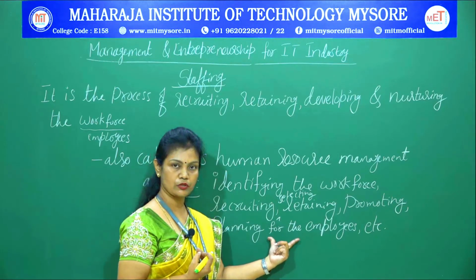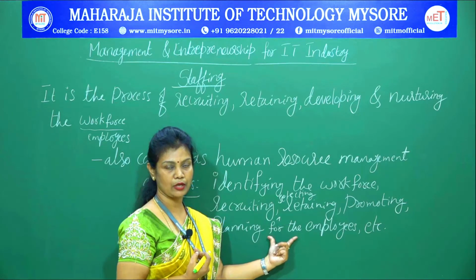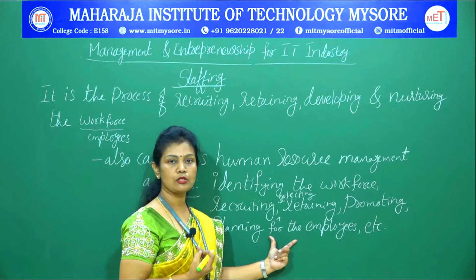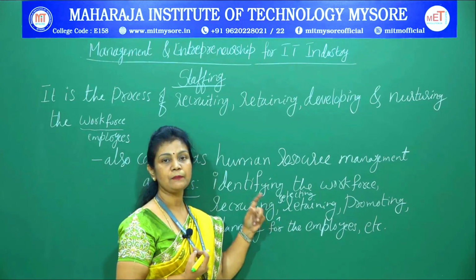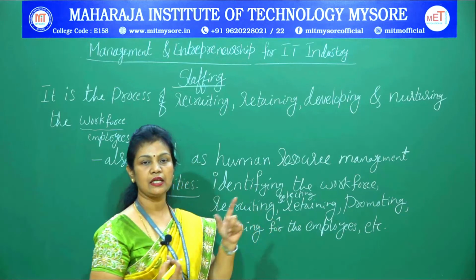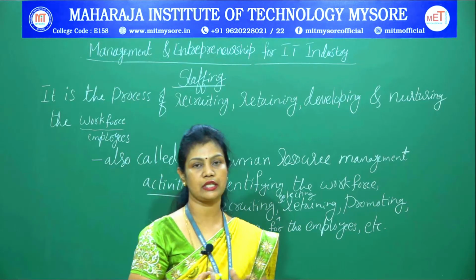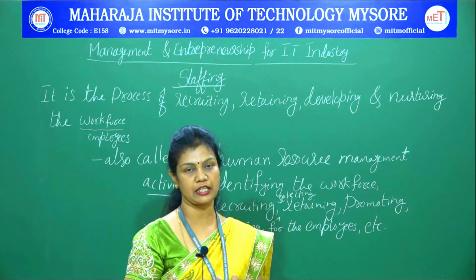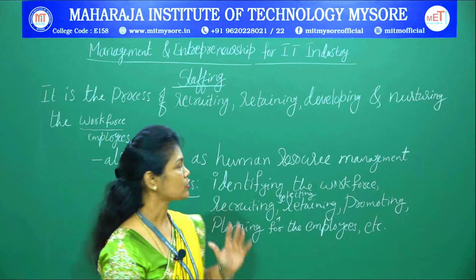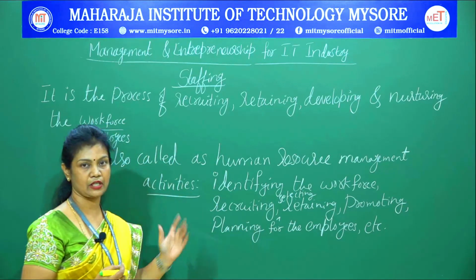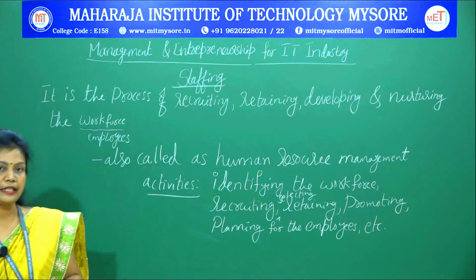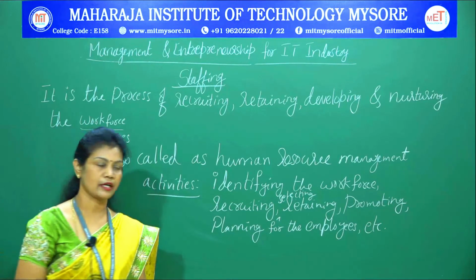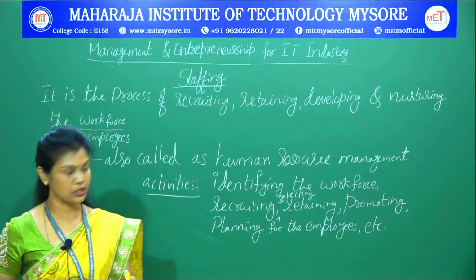They are going to train the employees in order to carry out the job, and also they are going to develop the ability in the employees to do their job most efficiently and effectively. So, this is all about staffing. Let us move on to the next topic, process of recruitment and selection.